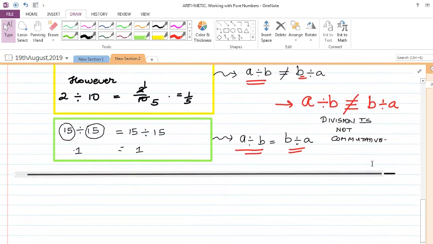So, let's break down the big word, associativity. Now, who you associate with affects who you become. So let's just think about something for a while. Associativity.